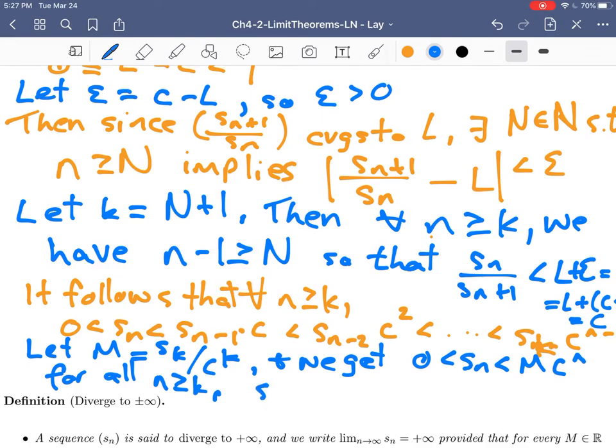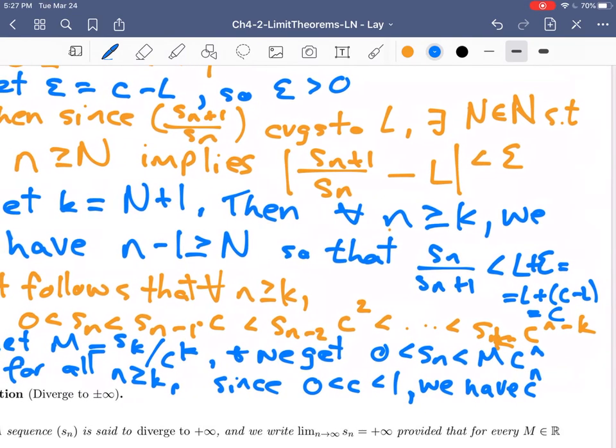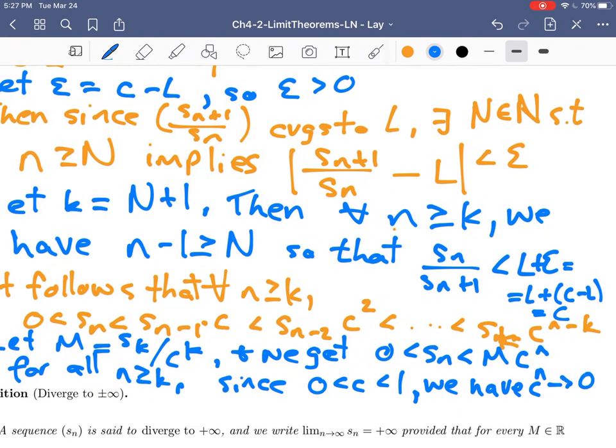Since we have 0 is less than C is less than 1, that value of C is between 0 and 1, we have C to the n converges to 0. Thus the limit as n goes to infinity of S sub n is 0. And we are done.